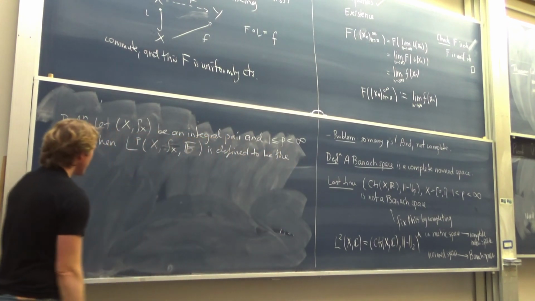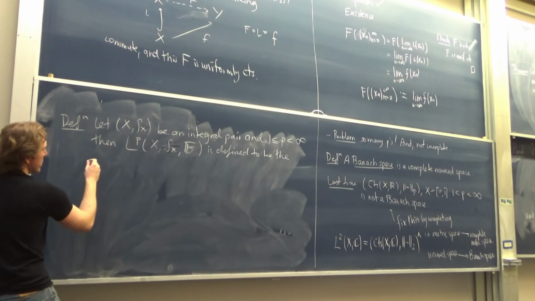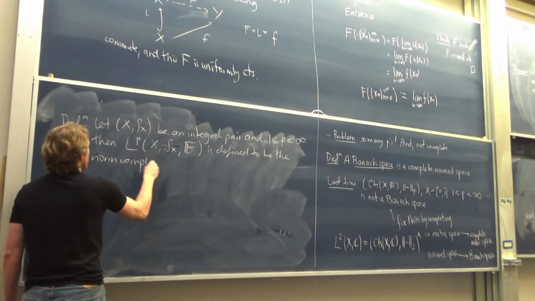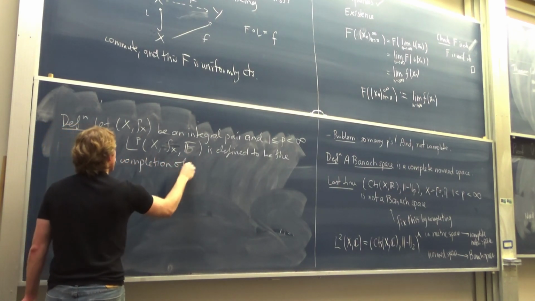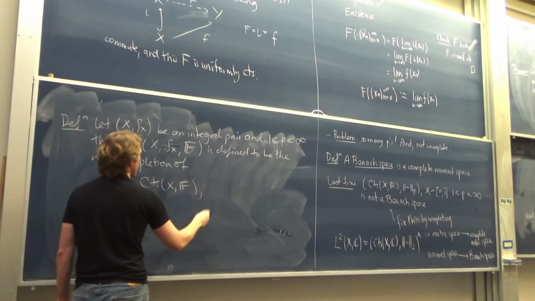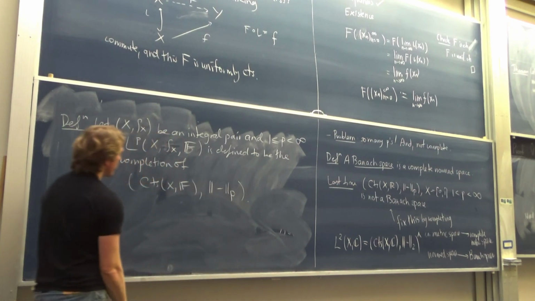Then L^p, with respect to this integral pair and this choice of scalars, is defined to be the norm completion of the normed space of F-valued continuous functions on X, together with the p-norm.